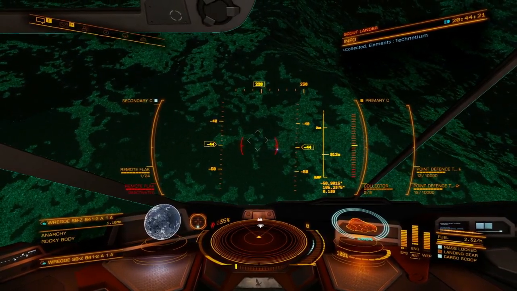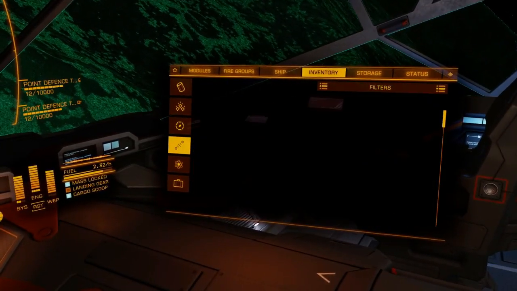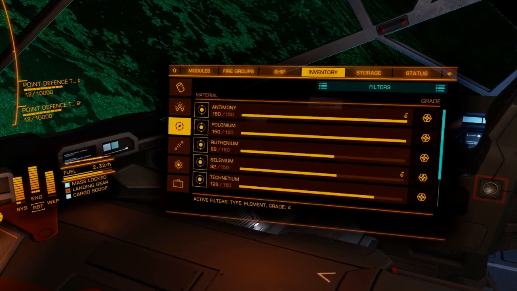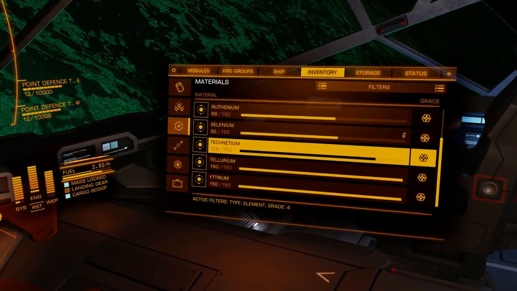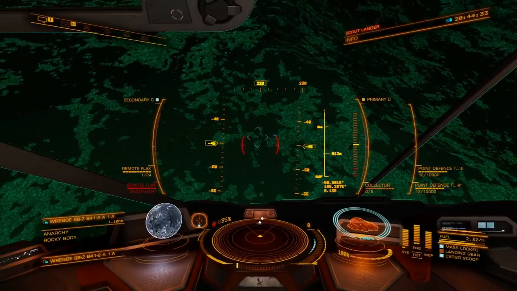First one that came in was technetium. Okay, let's see what we're looking like. Technetium, I'm already at 126, so I'm doing pretty good still.